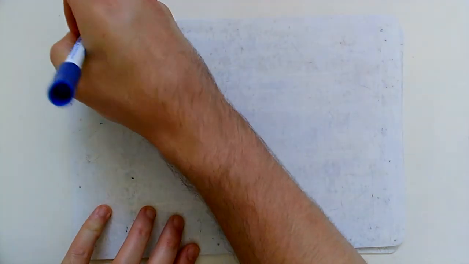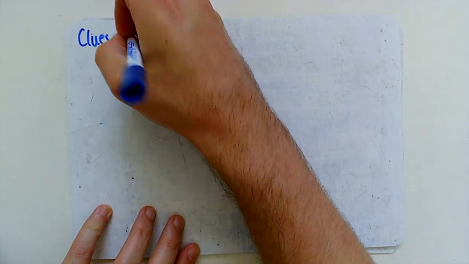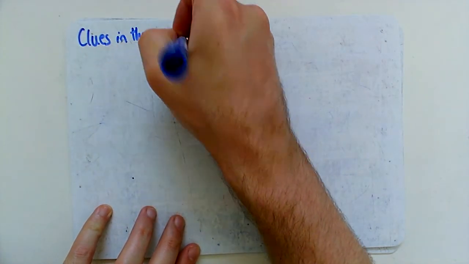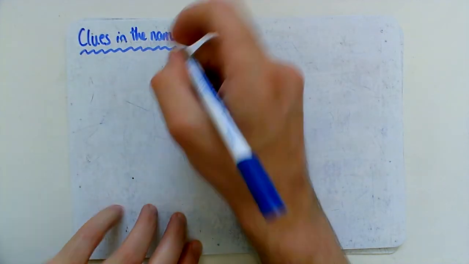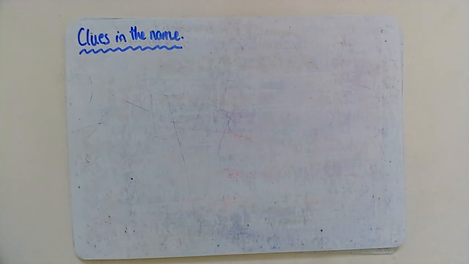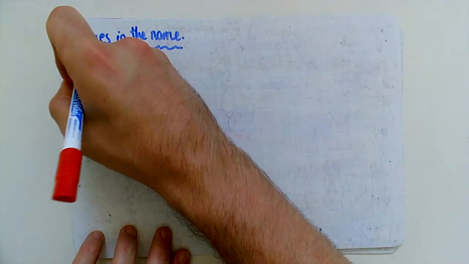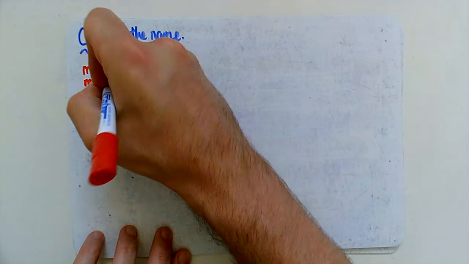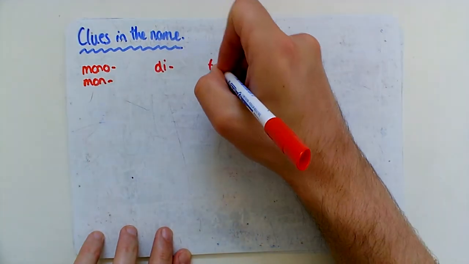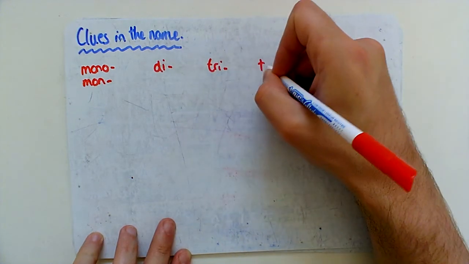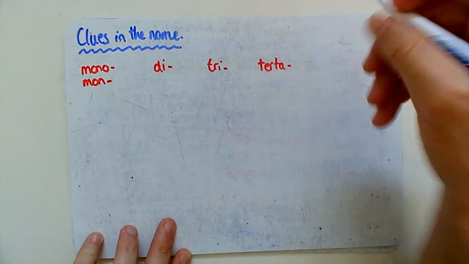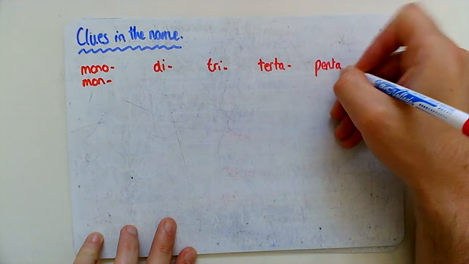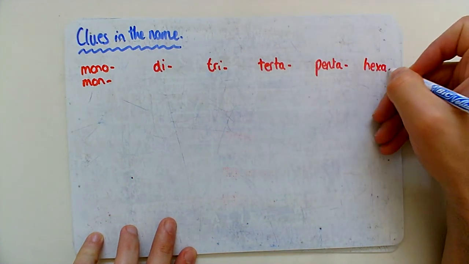So firstly, clues in the name. What we mean by clues is: does the chemical name contain mono, sometimes just mon? Does it contain di, tri, tetra, penta, or hexa?